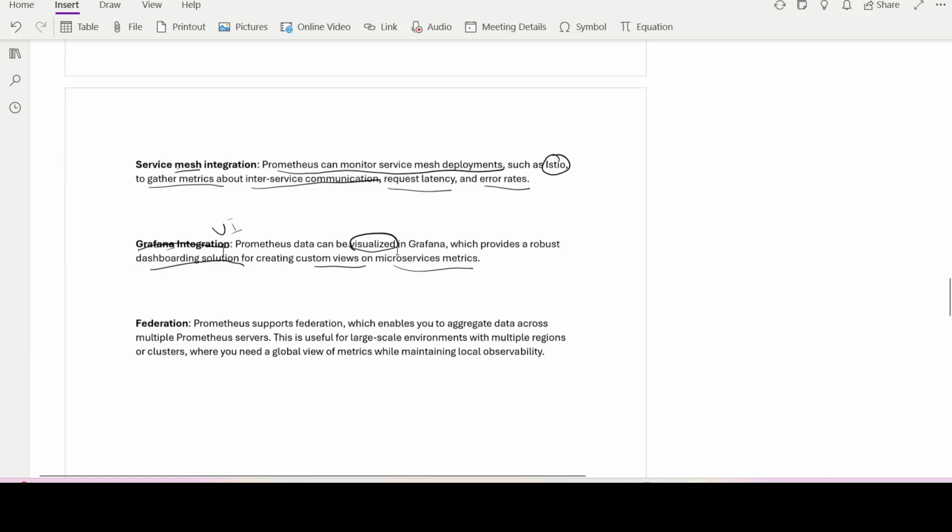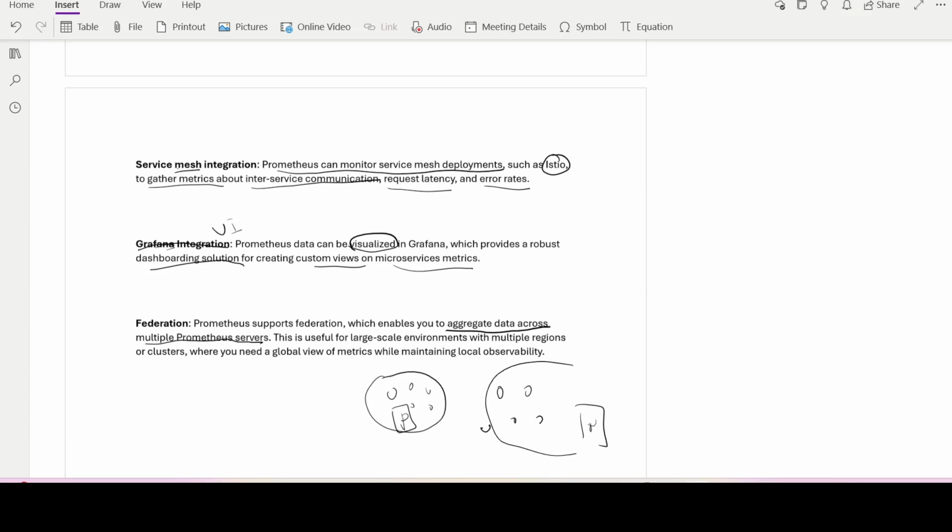And federation is an important feature, where Prometheus support enables you to aggregate data across multiple Prometheus servers. So I have one set of microservices run by one Prometheus server, and different microservices on another Prometheus server. I can aggregate these two. This way, I can aggregate multiple Prometheus servers.